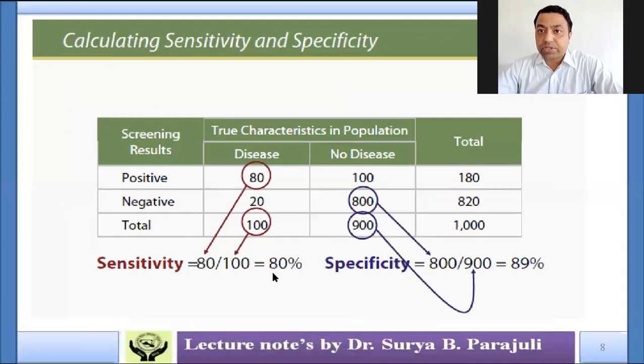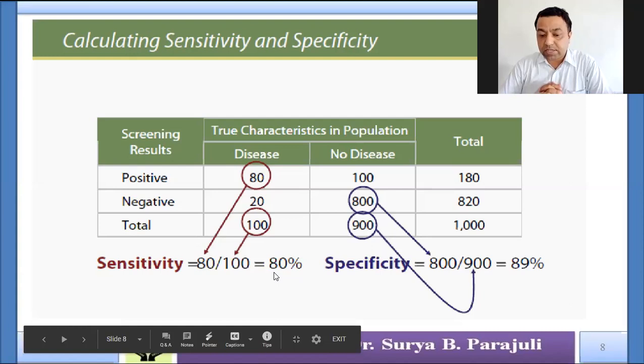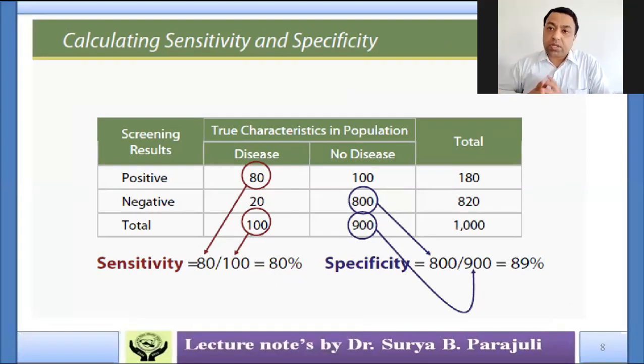So here is the calculation. It's easy. A by A plus C, 80. True positive by true positive plus false negative. So 80% sensitivity means the RDT kit developed by some pharmaceutical company or manufacturer has the ability to identify or screen 80% of COVID-19 cases.